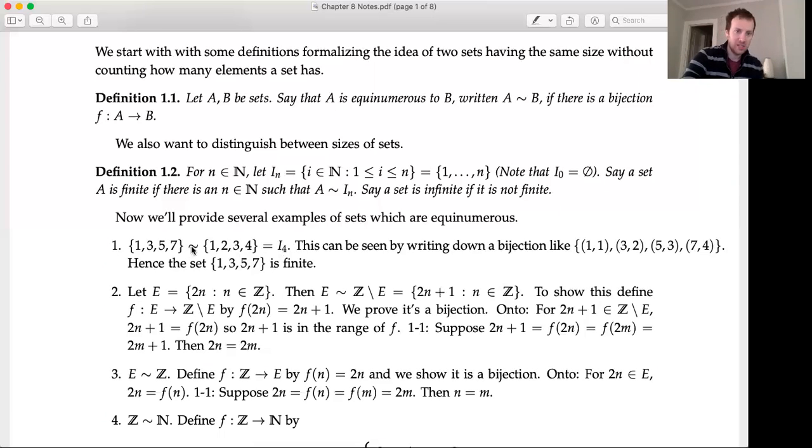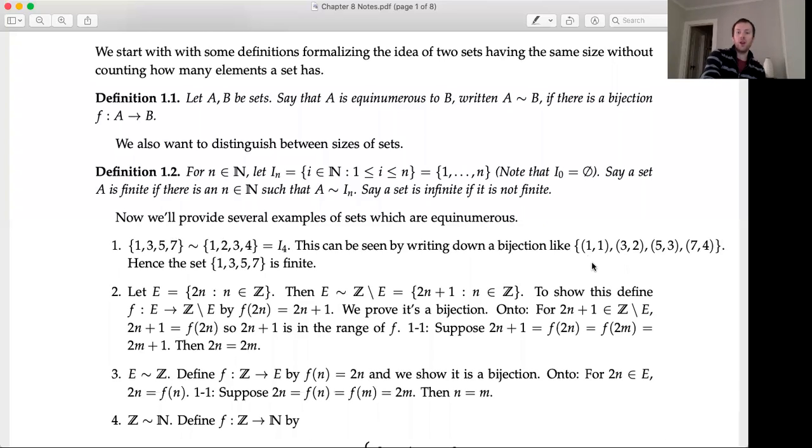How we can prove this, remembering this tilde means there's a bijection, is for finite sets, if you have them explicitly written out, you can actually write down the bijection. So the bijection: 1 goes to 1, 3 goes to 2, 5 goes to 3, 7 goes to 4. So matching them up, first one goes to the first one, second to the second, and so on. You can check, well, this is a function because every input appears once.